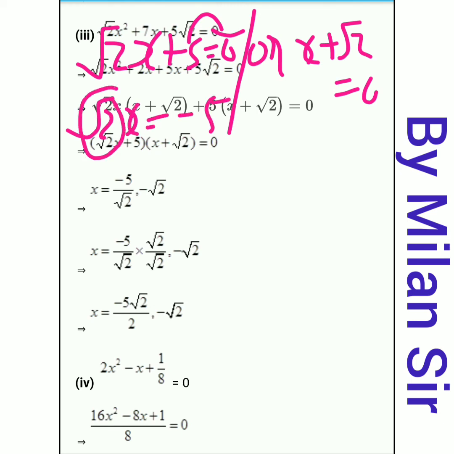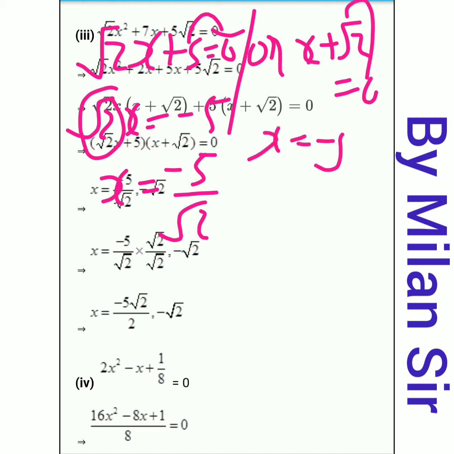Now transfer this under root 2 to the right hand side. Right now it is in multiplication, so if we transfer it to the right hand side, it goes to the denominator. And transferring this under root 2 to the right hand side, it becomes minus under root 2. Now in this case our answer is minus 5 upon under root 2.